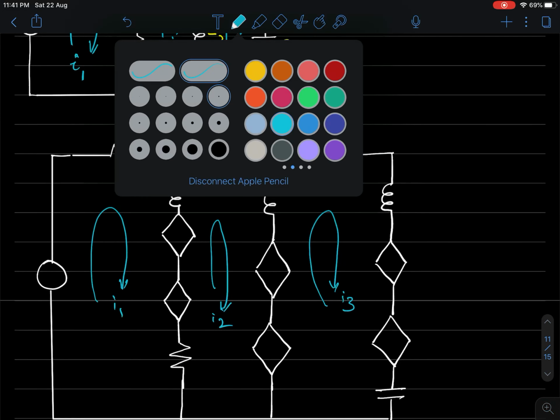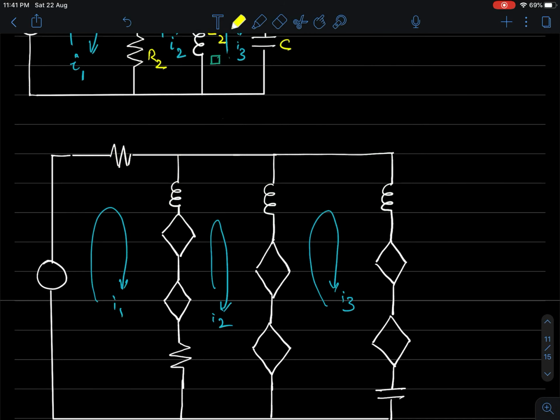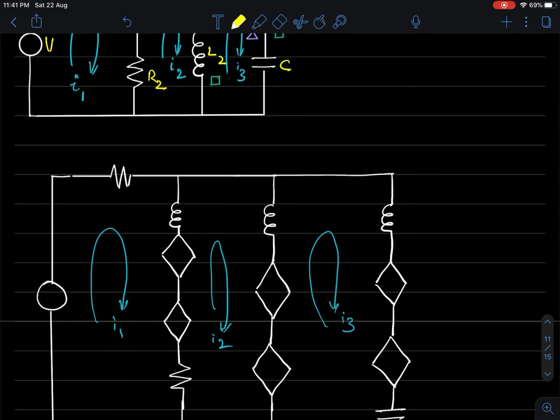Then let me pick up the color yellow, because all my elements I'm writing as: this is my R1, L1, this is L2, L3, this is capacitor C, and there is this resistance R2. Okay, so let me now pick one color after another.